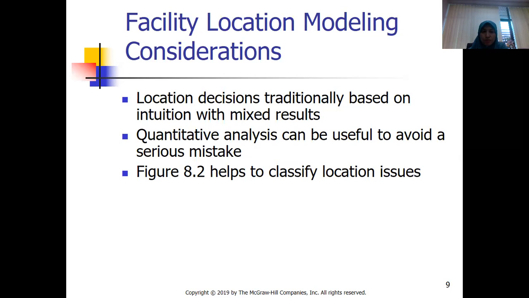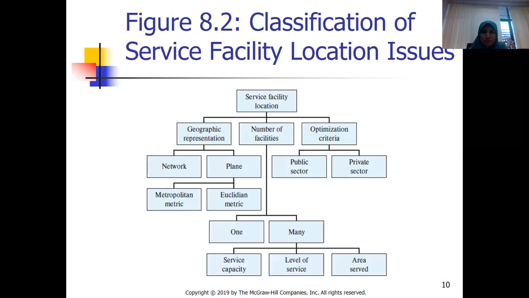So in figure 8.2, this is the classification of service facility location issue. As you can see, it is categorized into geographic representation, number of facility, and optimization criteria. Under geographic representation, you look at the network plane, and then you can also look at some of the metrics that can be done.